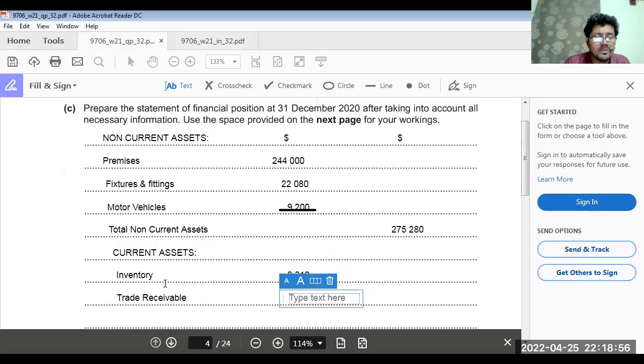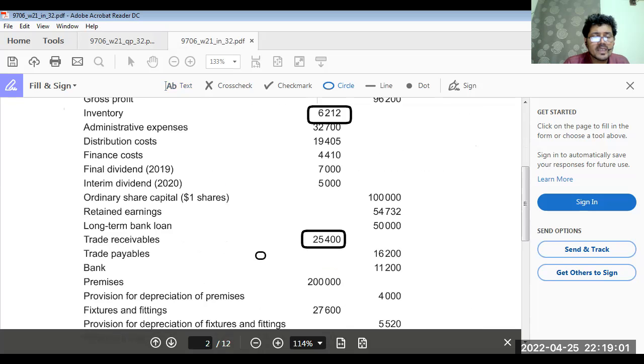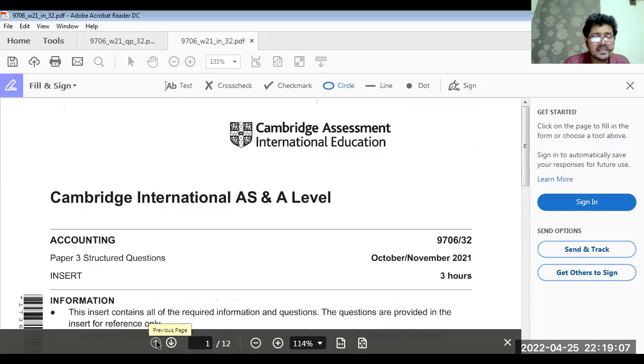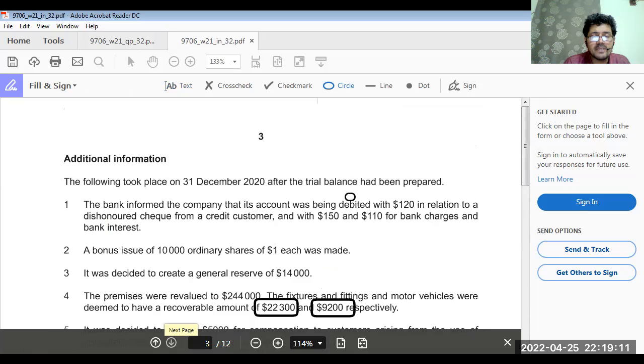Okay, what about trade receivables? Again, we have to go to the insert. Trade receivable is how much? 25,400. Okay. Any adjustment for trade receivables? Yes. This one. This 120 is dishonored, check means our receivable is increased by 120.